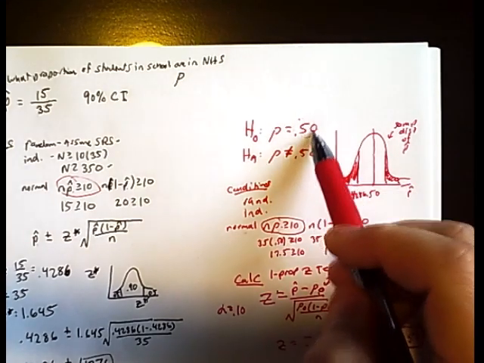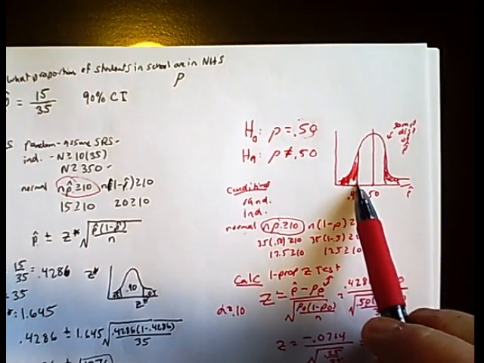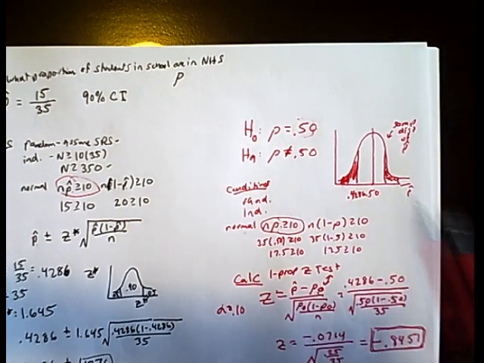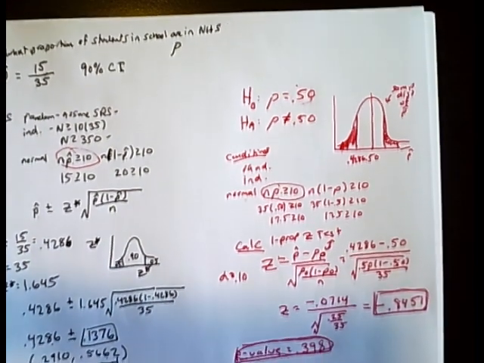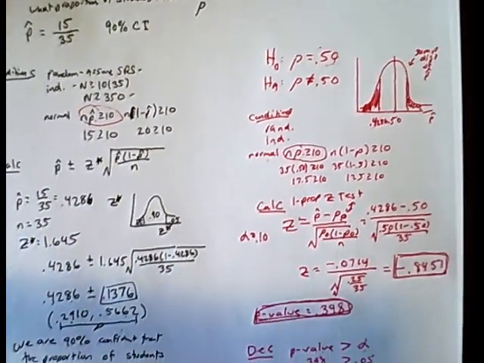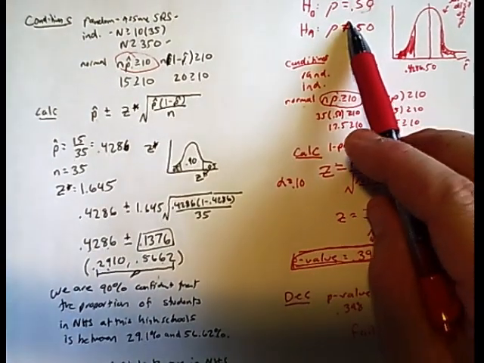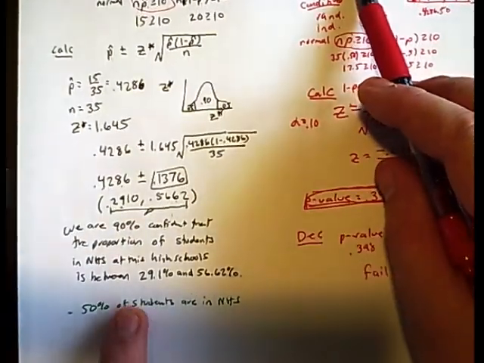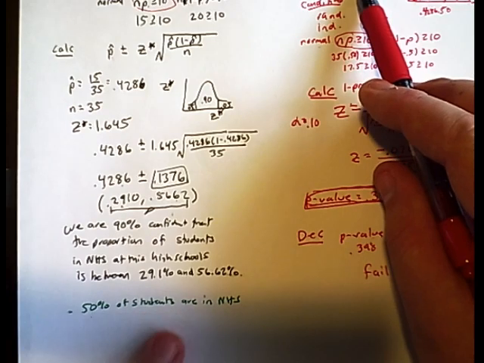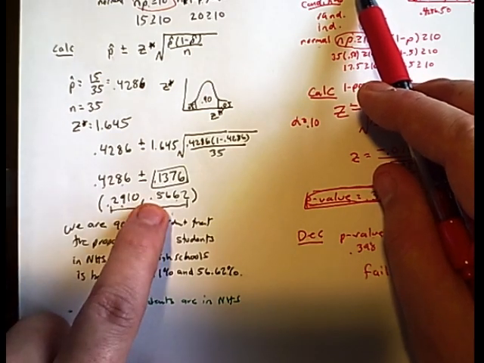I don't have enough evidence. My sample proportion was not far enough away to believe that. So I have to continue to accept this 50% claim, just like I had to accept the 50% claim down here because 50% was in that interval.